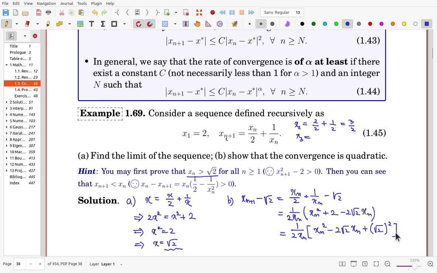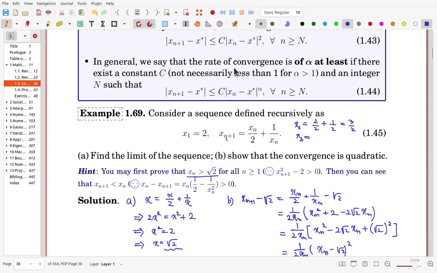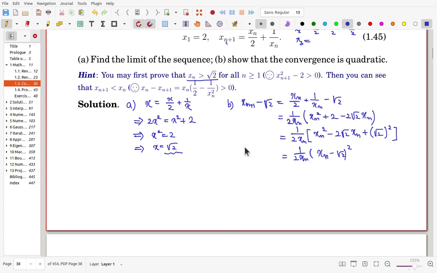That is a squared and b squared, with a minus 2ab, so inside the bracket that is a minus b squared. So that is 1 over 2xn, where a is xn and b is the square root of 2, squared. Now we'll put this in the form using absolute value notation.